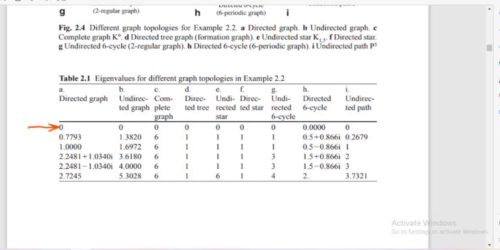If you write the A matrix for all of these, and consequently D, we can define L equals D minus A. The eigenvalues of L are equal to this. The first one is 0, and the second one cannot be selected as 0. Okay?